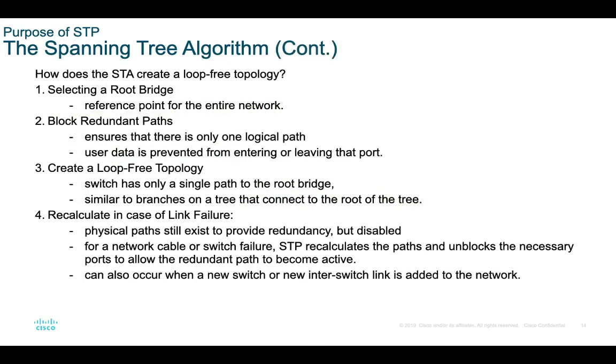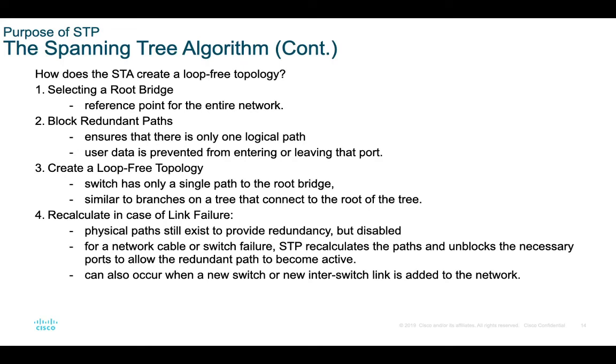So how do they create a spanning tree with a loop-free topology? First, they need to elect a root bridge. Just imagine a tree, we must have a root. So from all of the switches within the network, one switch must be declared as the root bridge.